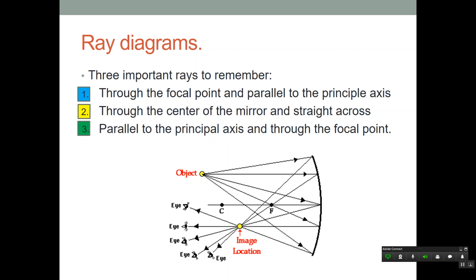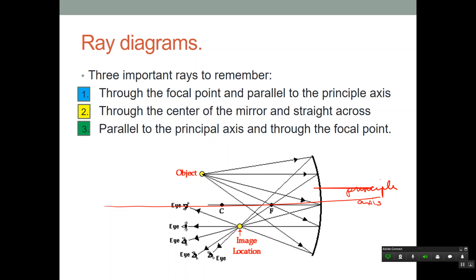All right, so the first one is through the focal point and then parallel to the principal axis. If I didn't mention it yet, the principal axis is this here. That's the principal axis. Okay. And which one of these rays, as you see here, is through the focal point and parallel to the principal axis?